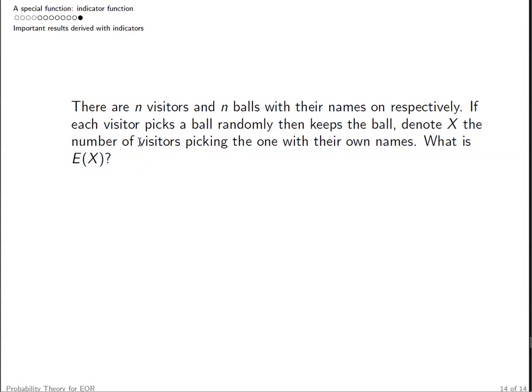By a match, I mean a visitor picks exactly the ball with their own name on. So some visitors may pick the wrong ball, and some visitors pick the correct ball with their own names on. What is the number of such matches on average? So what is the expected value of X?